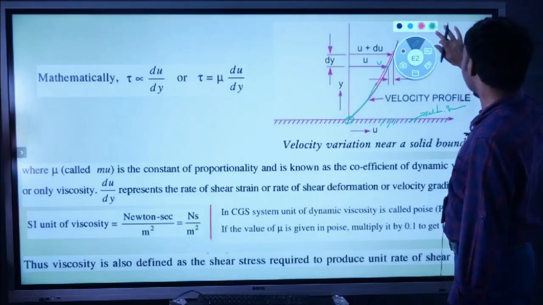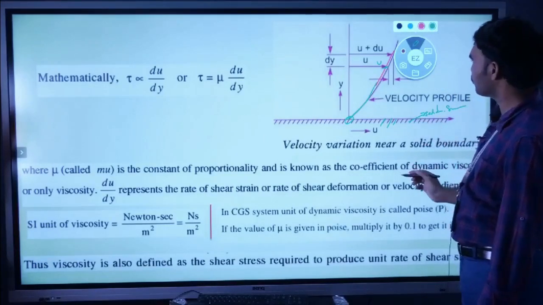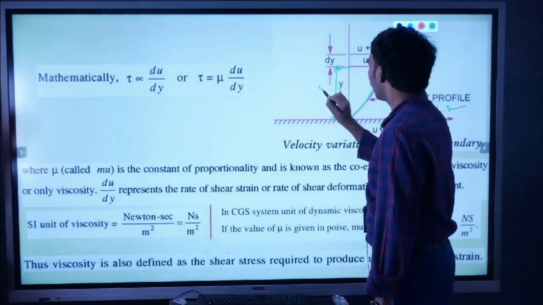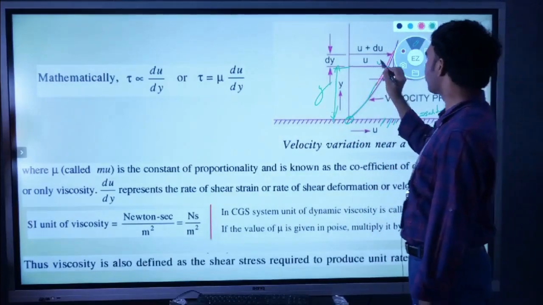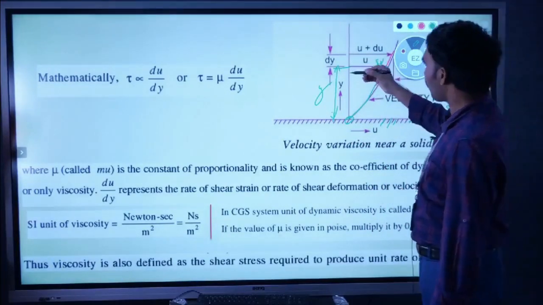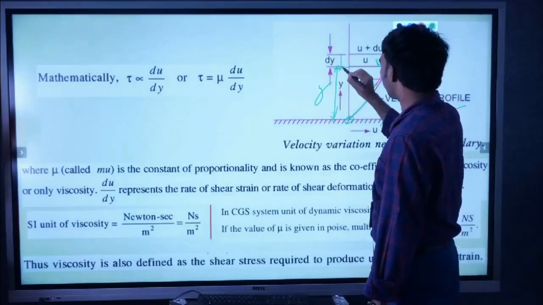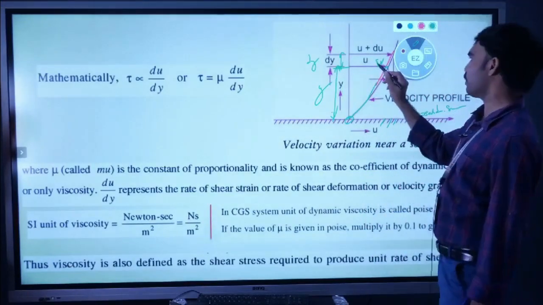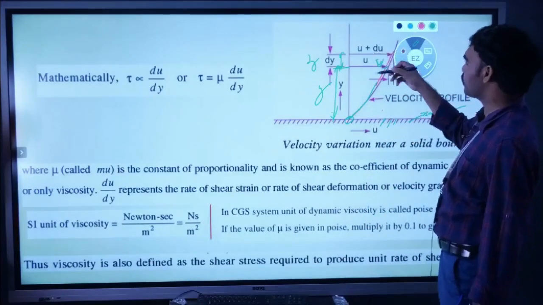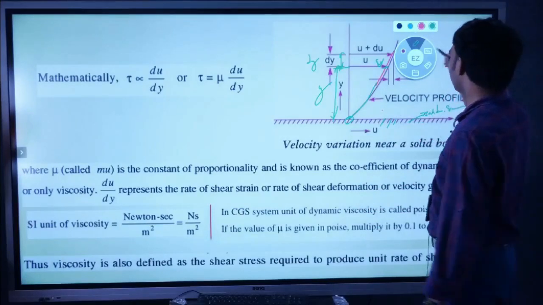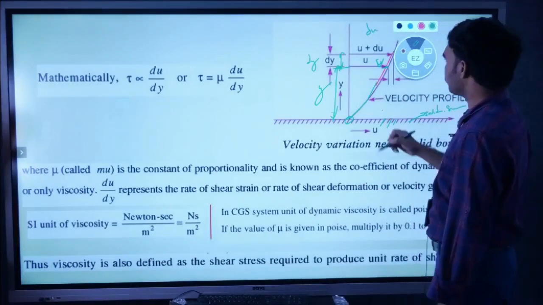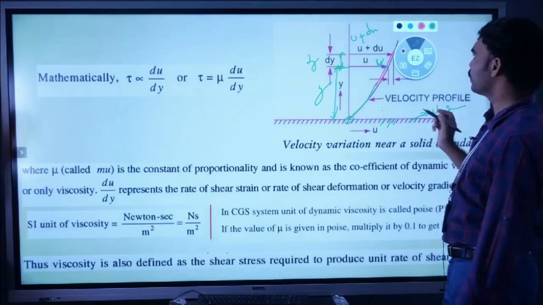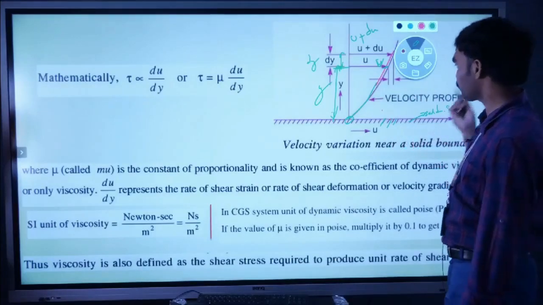So I have considered that at some distance y from the free surface of the liquid, the velocity is u. Then I consider some distance away from that y point, that is dy, where the velocity will increase because it is away from the solid surface. So the change in the velocity is du, therefore the total velocity is u plus du.